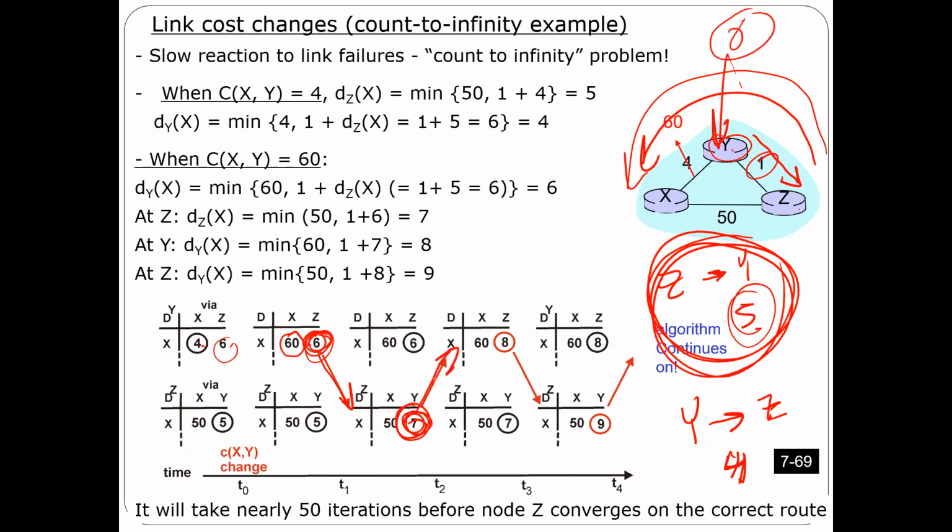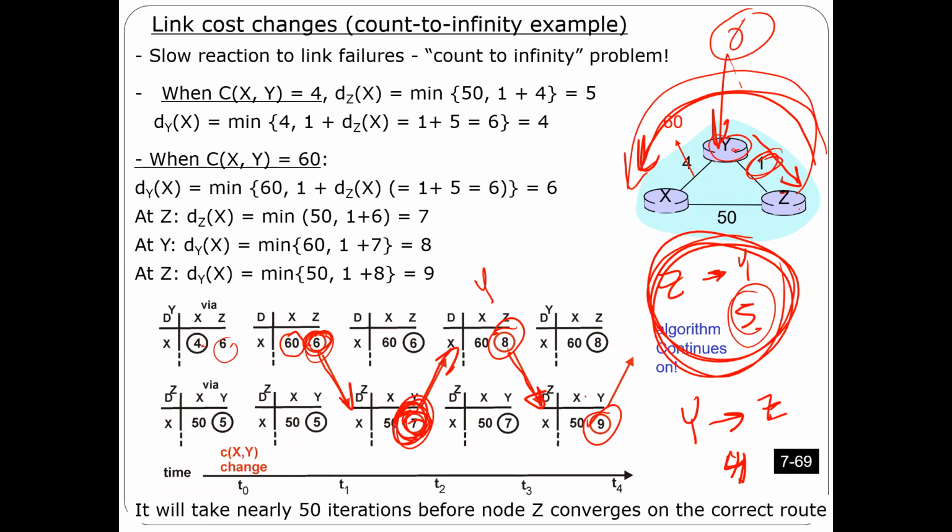Then you have to send it back to y again, because y is using this one to reach x. So z is telling y, my route to x changed from 6 to 7, so you add 1 here to become 8, and then you tell the other one, now this 8 becomes 9.